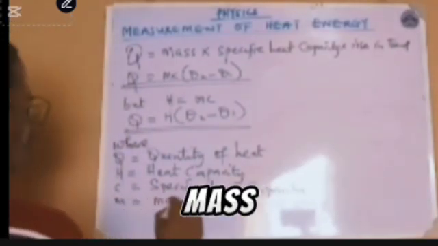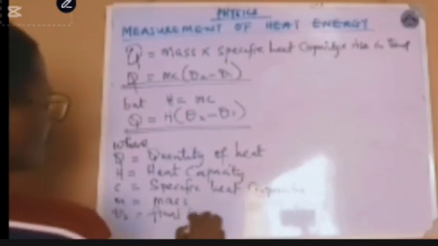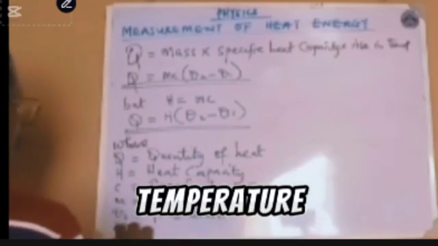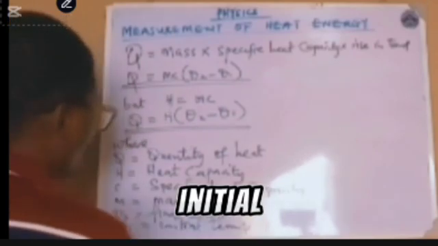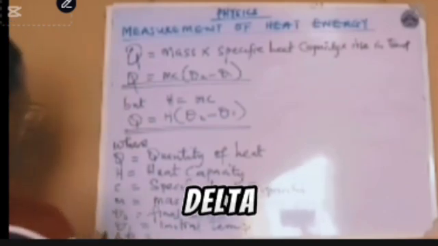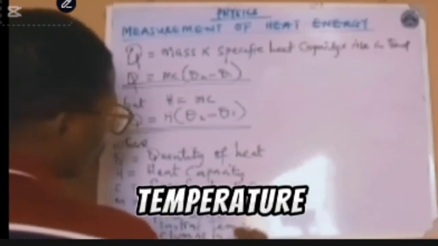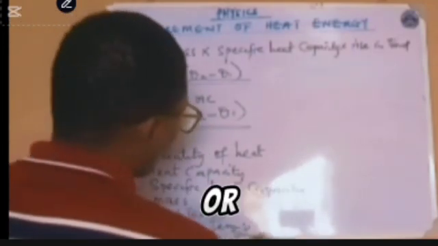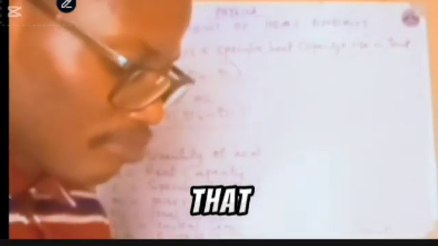M is mass, and theta 2 is final temperature. Theta 1 is initial temperature. And if you want to put change in theta, that's delta theta, that is change in temperature or rise in temperature. So like that and like that.